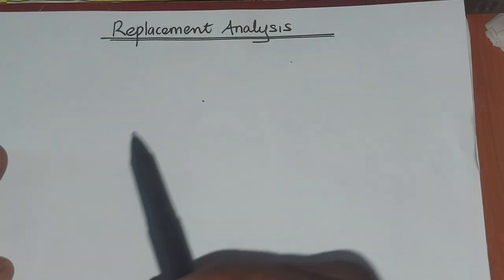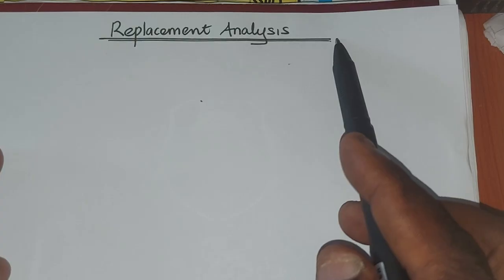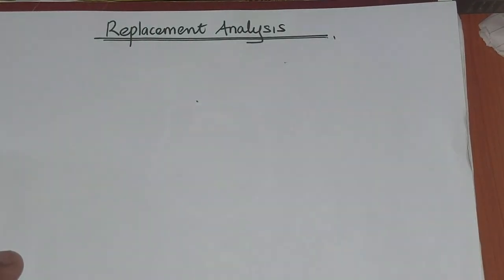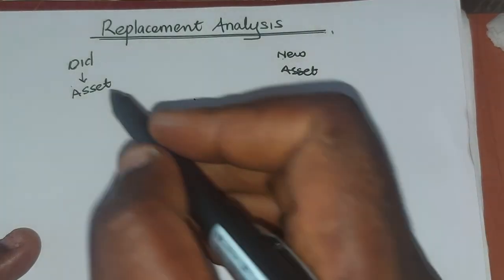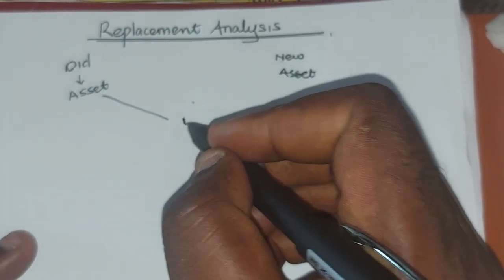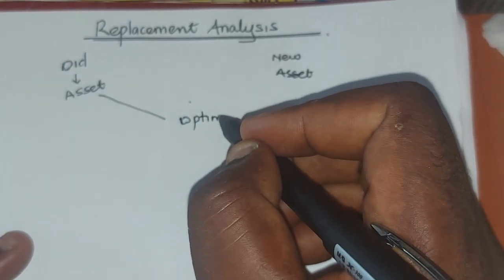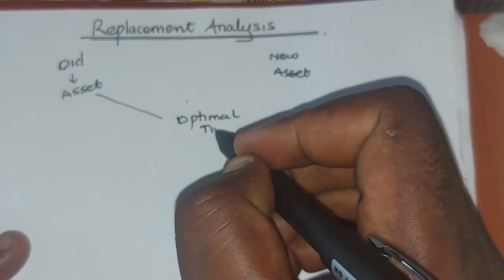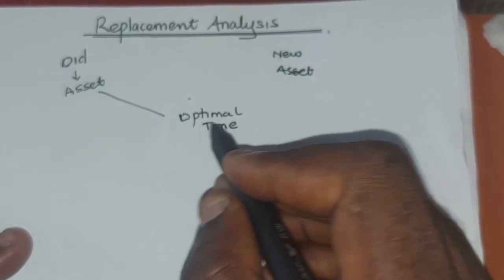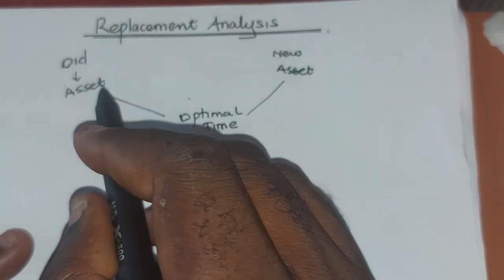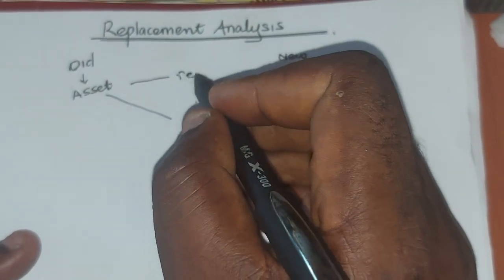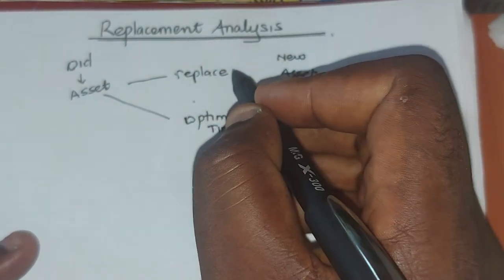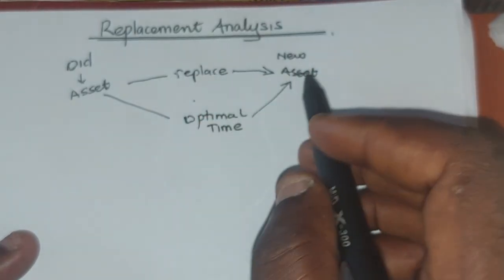In this video, we are going to look at the concept of replacement analysis. Let's take, for example, you have an old asset and you are considering the optimum time, that is the best time, to replace these old assets with a new one.